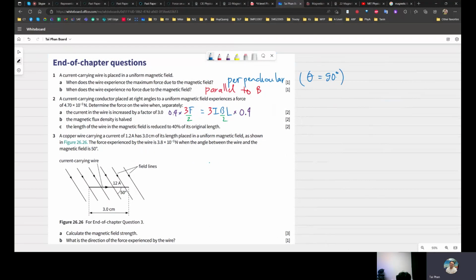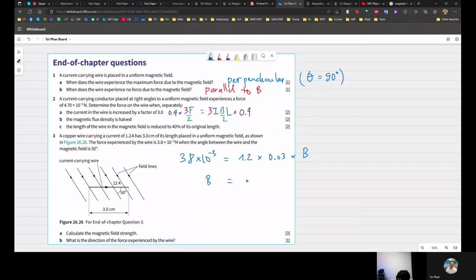We have the force 3.8 times 10 to negative 3 equal to the current 1.2, the length 0.03, because that's 3 centimeters, and the field is what we need to find. So dividing the value on the left by the value on the right. And the value of the field is how many?